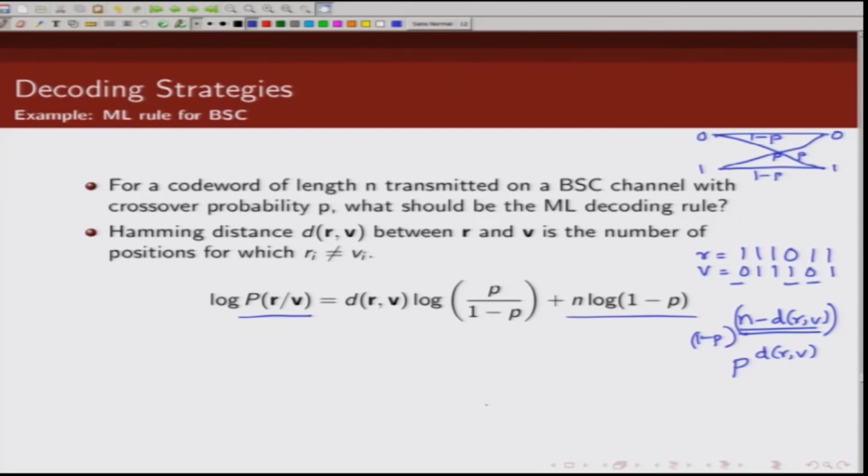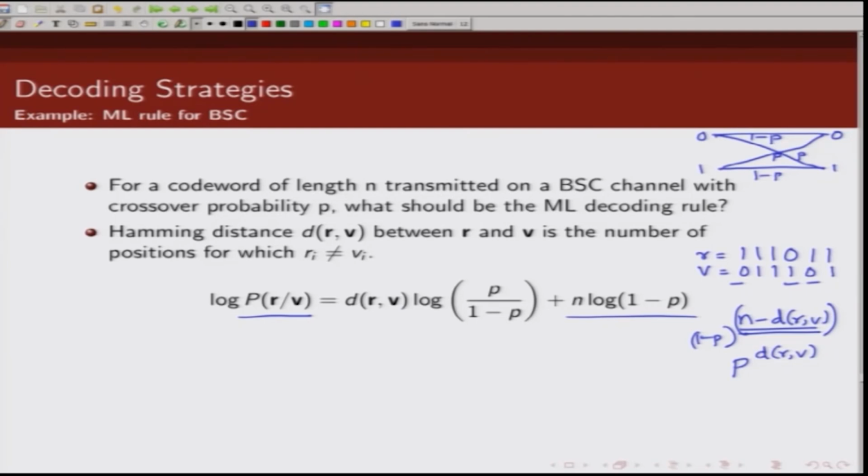That is a negative quantity. So, what we get then is, to maximize this, we have to maximize minus of drv, correct? So, a maximum likelihood decoder will choose a v such that minus of drv is maximized.